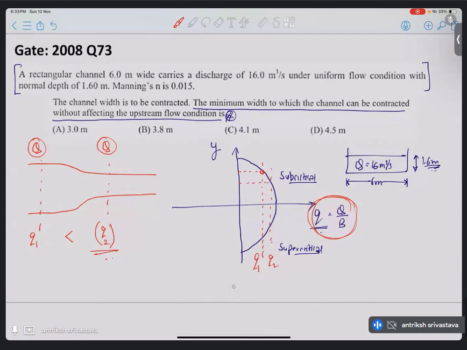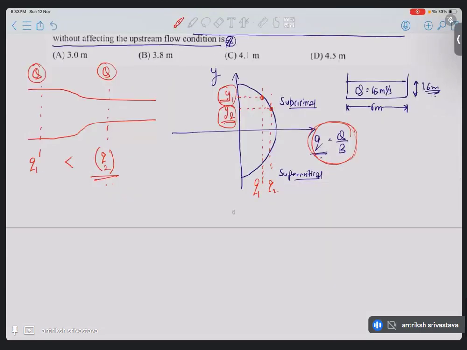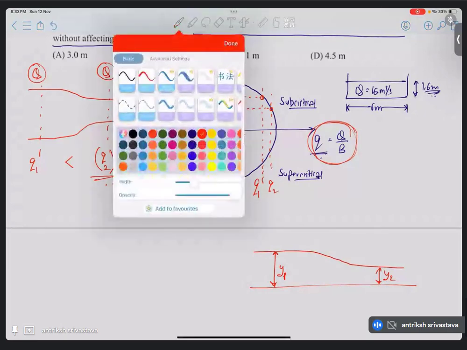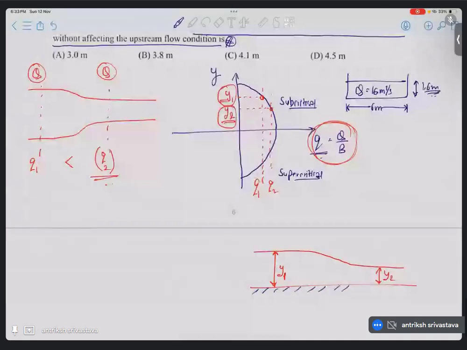So this is going to be your y1, which will be higher than your y2, right? That means if you provide constriction in your channel, your upstream depth is going to be more and downstream depth is going to reduce.